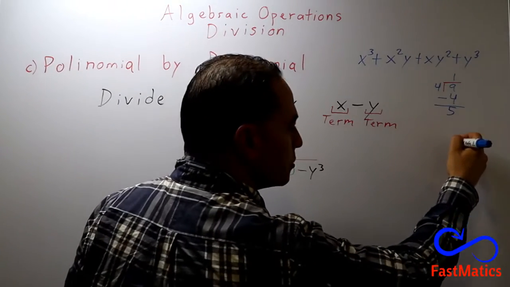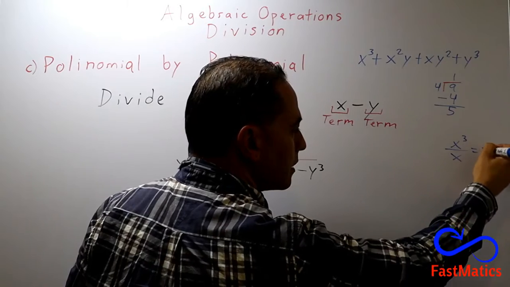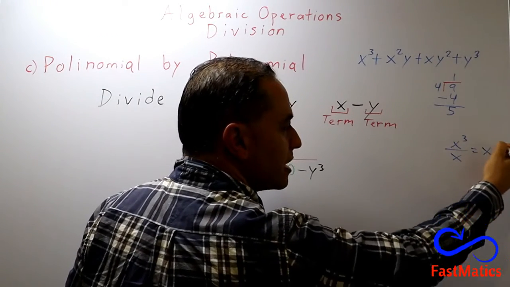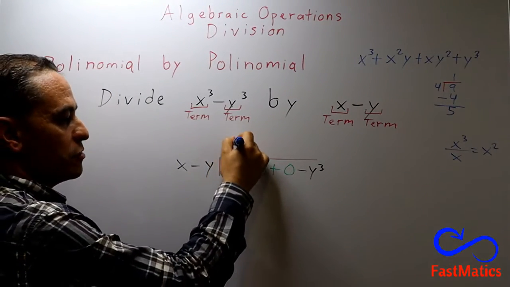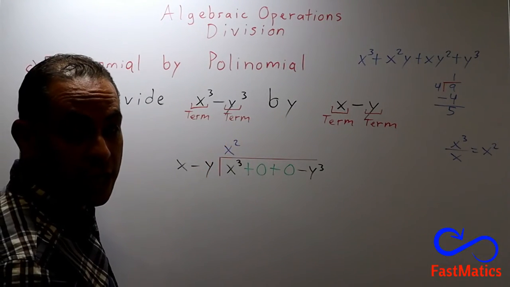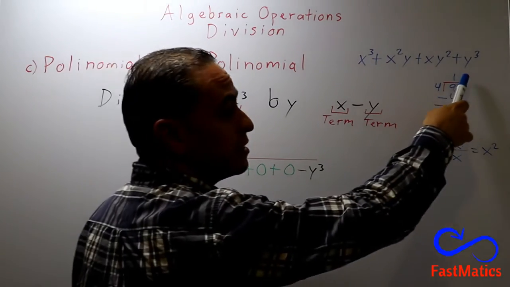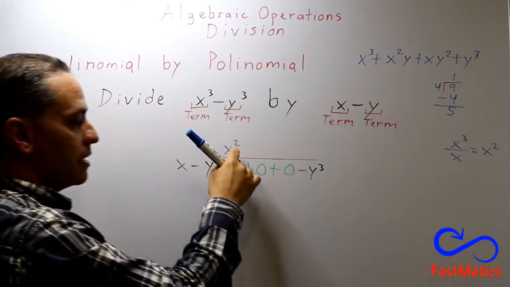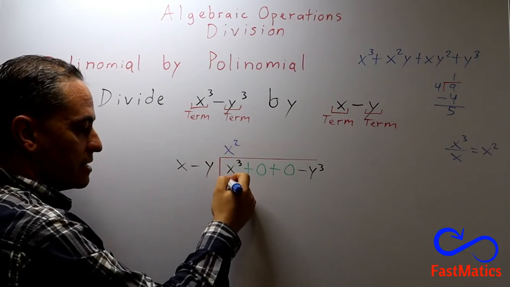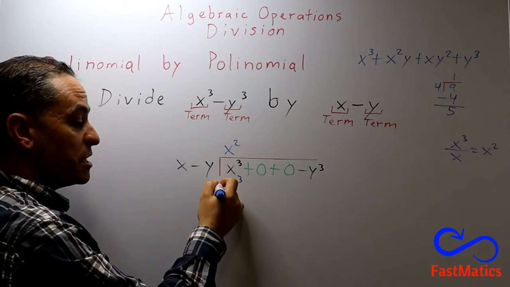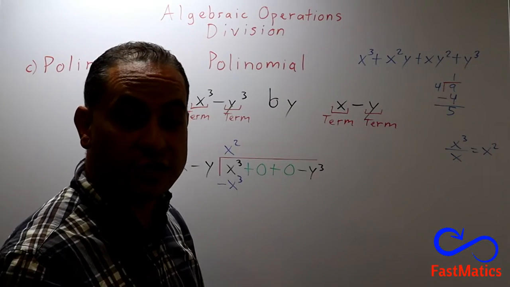If you don't remember, you can make it like that. And if you subtract the exponents, you get x squared. So you put your x squared there. After that you multiply. As here, you multiply. x squared times x cubed, but I change the sign because I'm going to subtract after that.